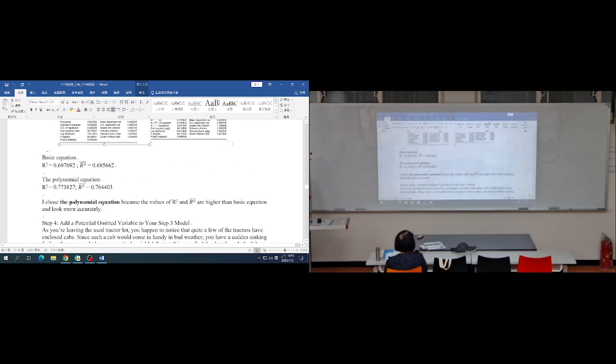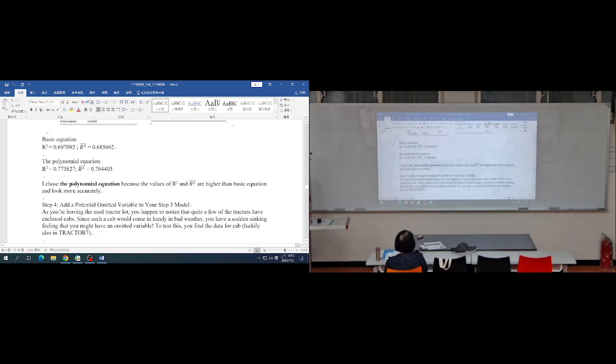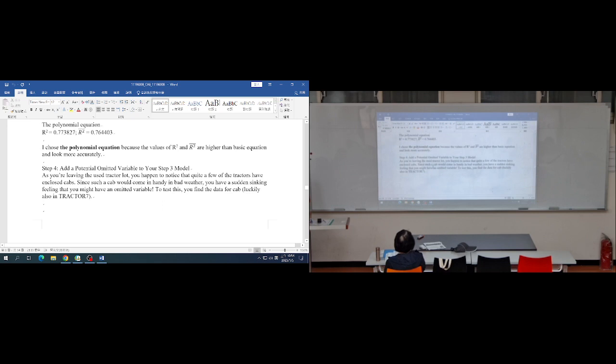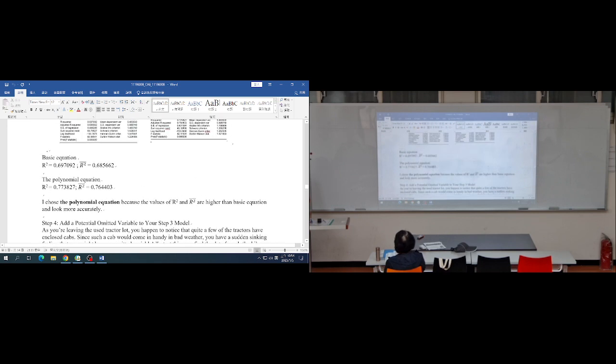So I think it could use the polynomial equation, because looking at the result it's not an insignificant change, but it looks more accurate. How do you know whether it is a significant change or not?